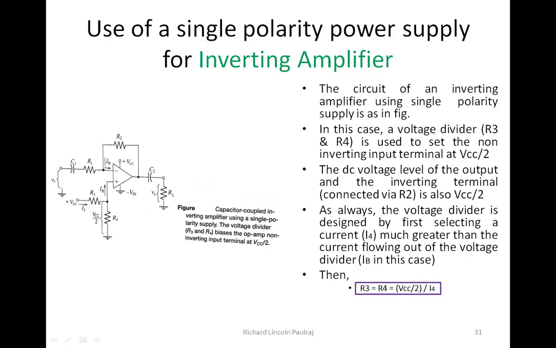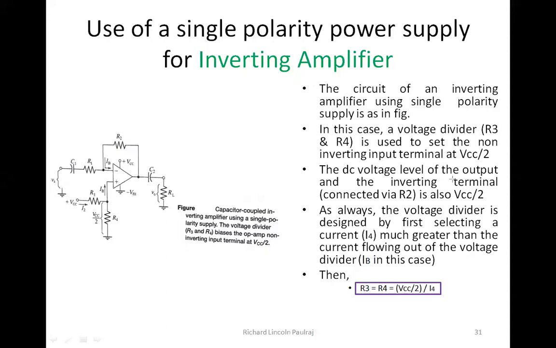So the DC voltage level of the output and the inverting terminal connected via R2, this feedback terminal, is also VCC by 2. Why is it VCC by 2? Because this terminal here is VCC by 2, so this will also tend to be VCC by 2, and the output also will be VCC by 2. So there are 3 main things that you have to think of.